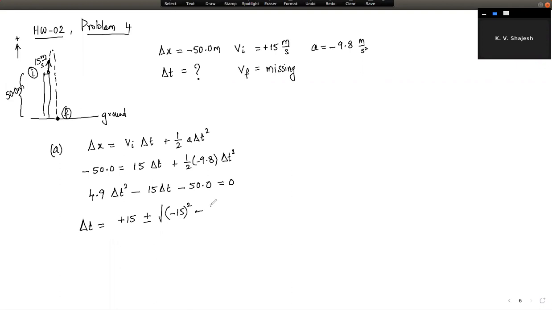So 4a is 4.9, oops, 4 times 4.9, and you multiply it by minus 50. The two negative signs make it a positive. The negative 15 squared does not contribute a sign there, and the denominator is 2 times a, so a is 4.9.